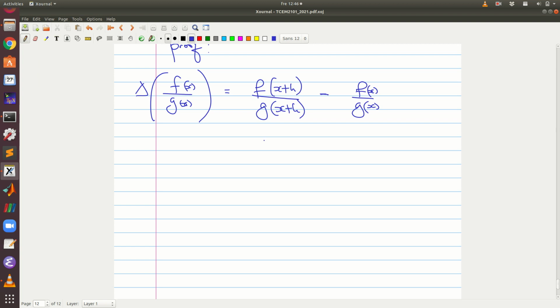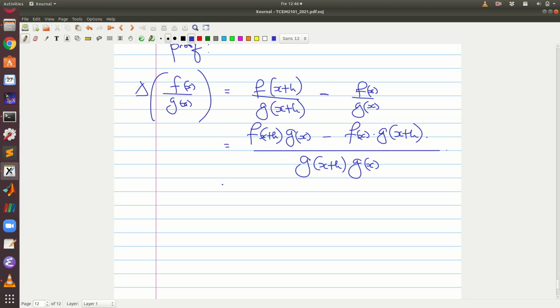Okay, and then which we can simplify using our algebra, and we know the LCM here is g of x plus h times that. Then what do we have here? We have f of x plus h times g of x minus f of x times g of x plus h, and yes, that is it.